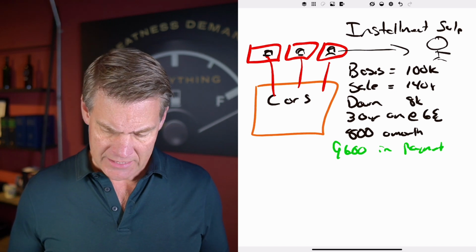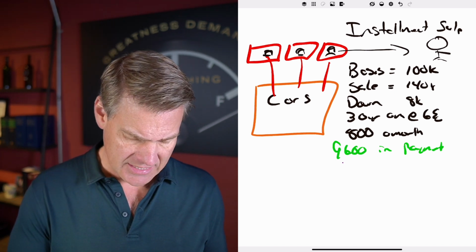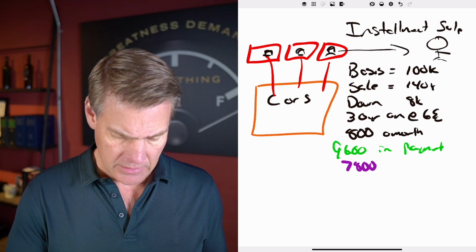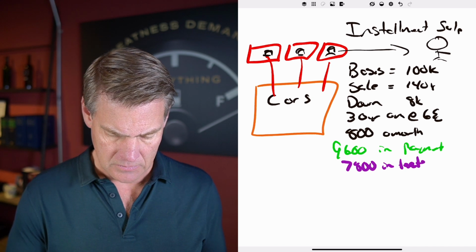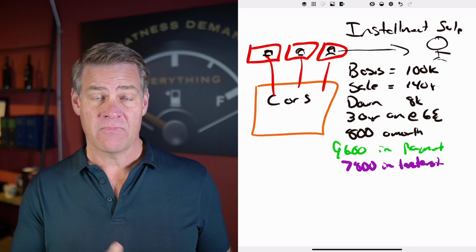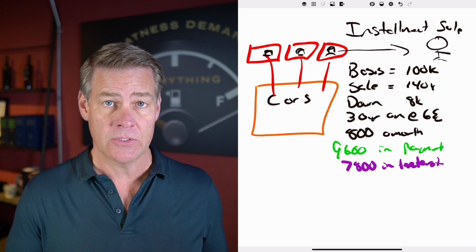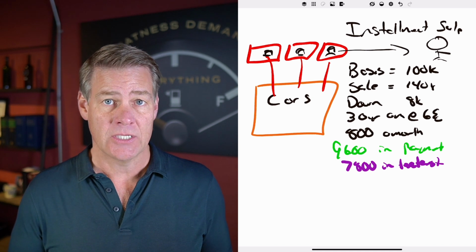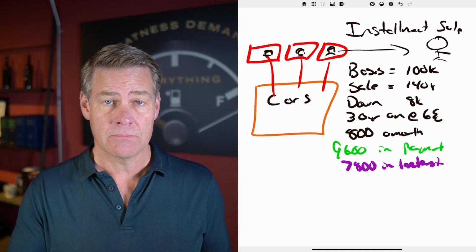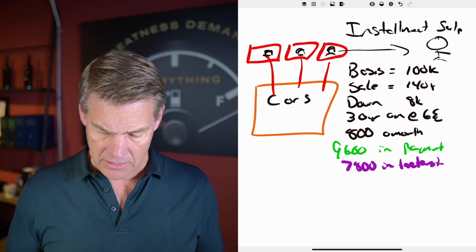On this structure, they're financing $132,000 because they gave me 8K down, at 6% interest. So of that $800 payment every month, at the end of the year, $7,800 is going to be interest.